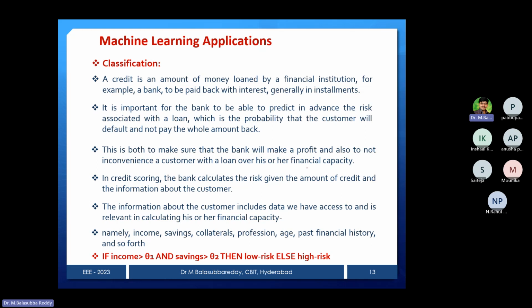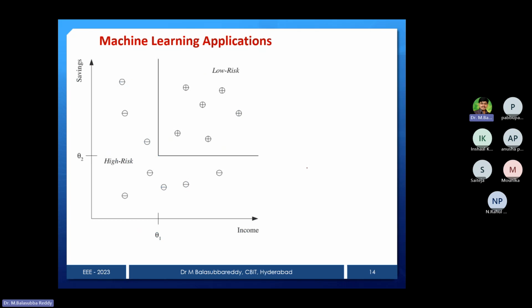Then if you pass his income, his saving, and so on, you have to compare huge combinations, and finally they will give you the result, which is a prediction. Now, you can see here some portion low risk and then high risk based on the income and saving.